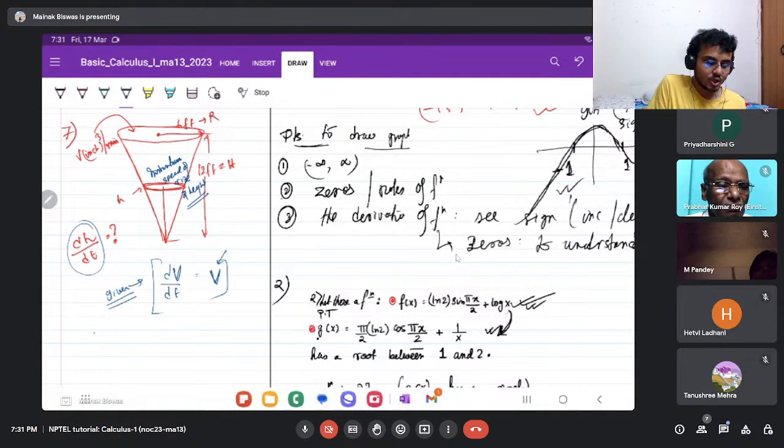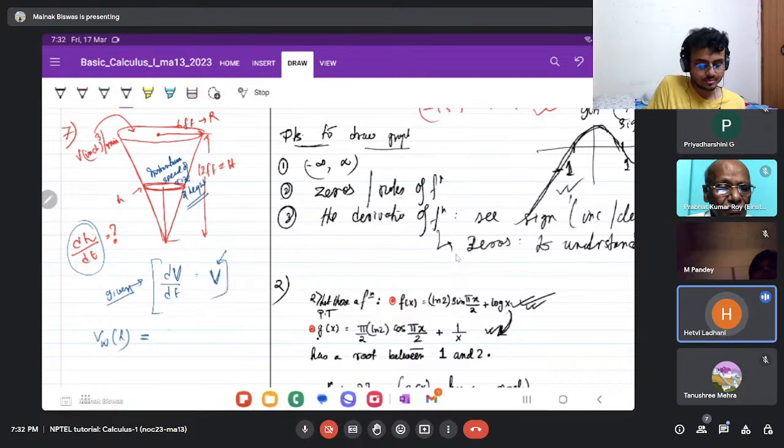So what is the volume of the water? Volume of water, if the height is h at a particular time, is 1 by 3 pi r square h. 1 by 3 pi r square h, where h is the height, right? Correct?